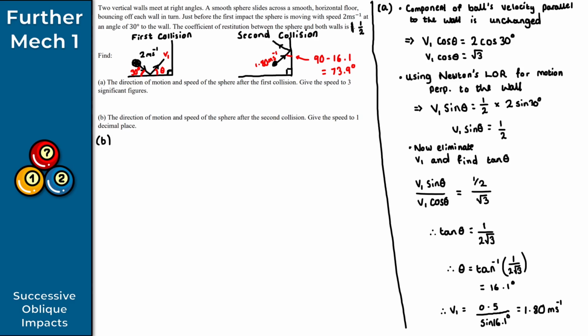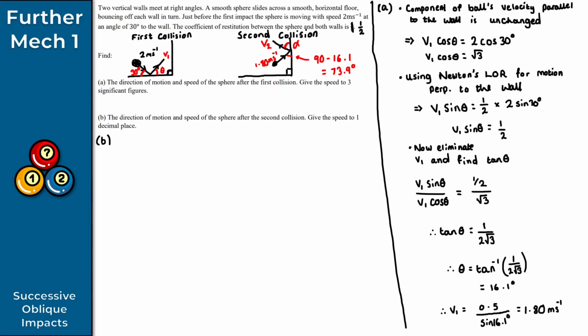And then what I want is this angle now. I won't call it theta again. This time I'll call it alpha. Any letter or Greek letter is fine here. So I'm going to call that alpha. And I want this speed here, which is V2.